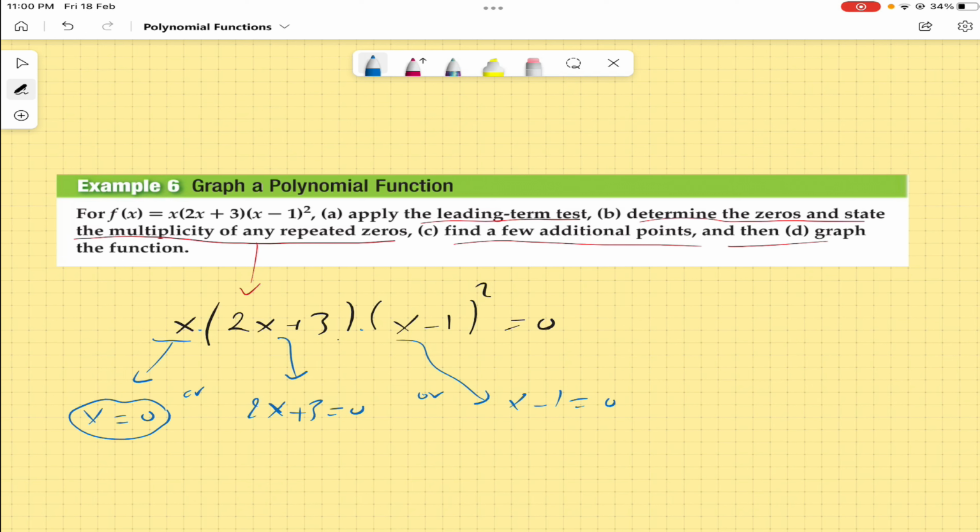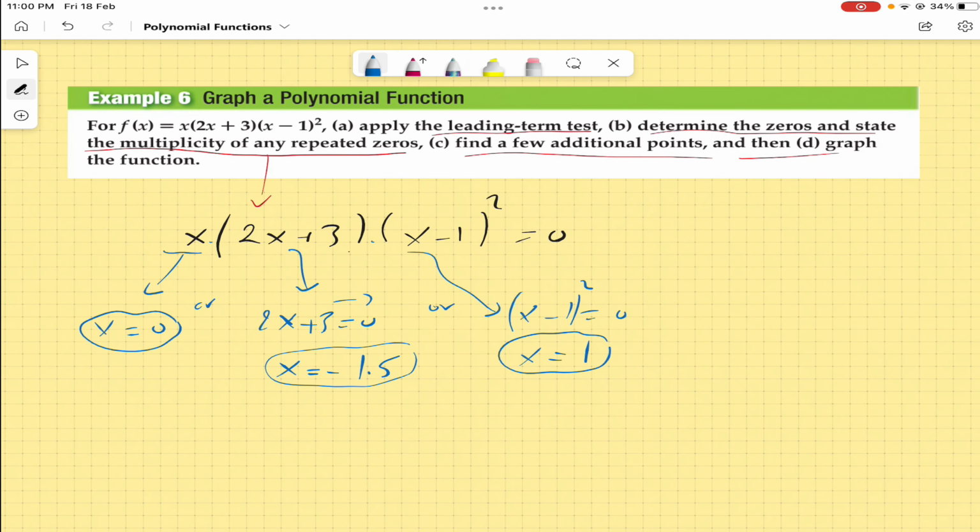The first one is done, x equal to 0. The second one, when you transpose 3 to the other side and divide by 2, you're gonna get x equal negative 1.5. And the last one, x minus 1 equal to 0, so x equals 1.